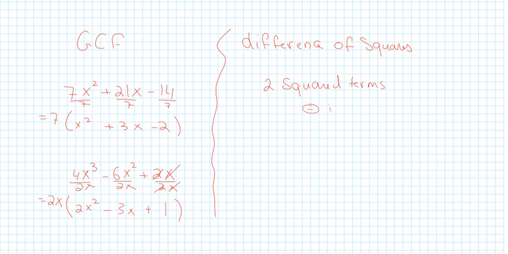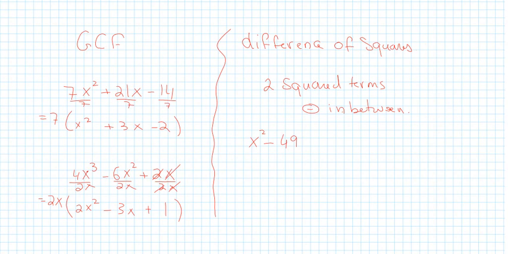Can you guys give me 2 squared terms and a negative in between? x squared minus 49. Okay, so how can I factor this?